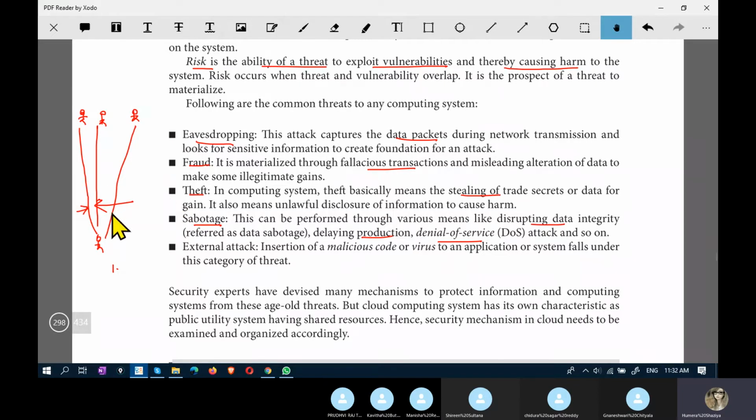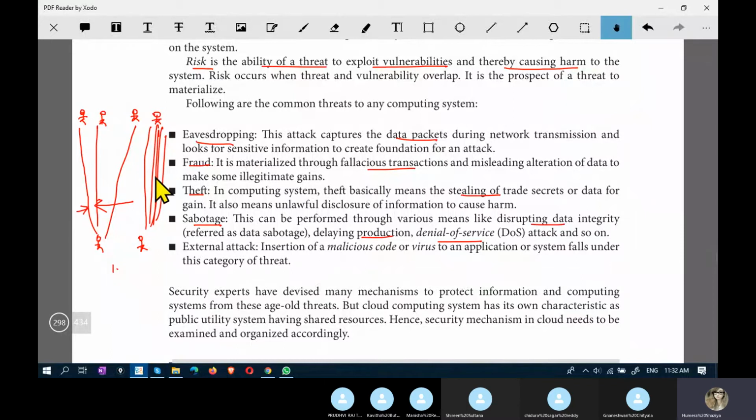Denial of service attack means if this is an important person to be contacted, and there is an evil person who blocks this person by sending so many requests that this person cannot take any other request because he is busy doing the assigned task of this one.